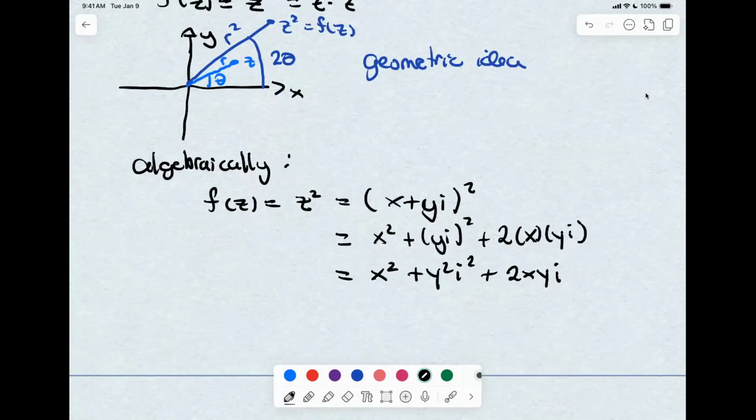And then the magical property of i is that it squares to minus 1. So this becomes x squared minus y squared, plus 2xy times i.